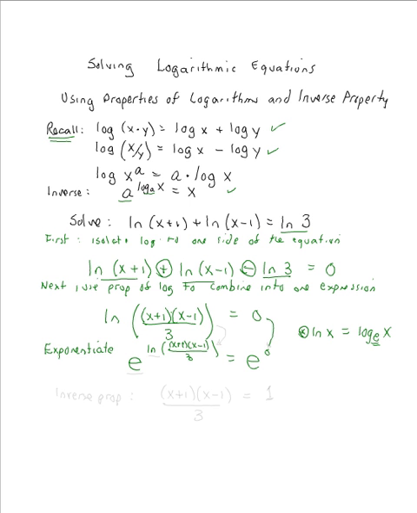So the right-hand side of the equation becomes an exponent. The left-hand side of the equation becomes an exponent for the base e, because natural log is log base e.